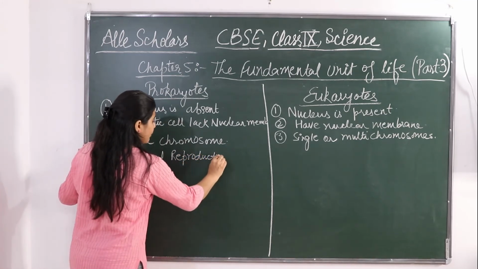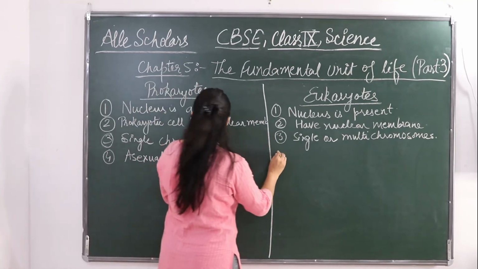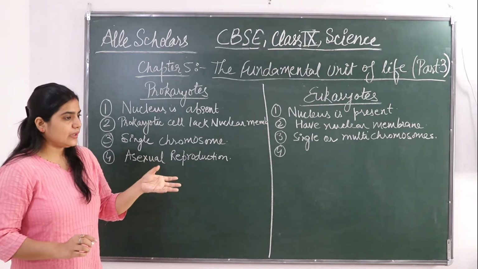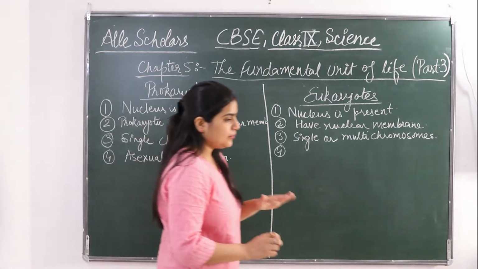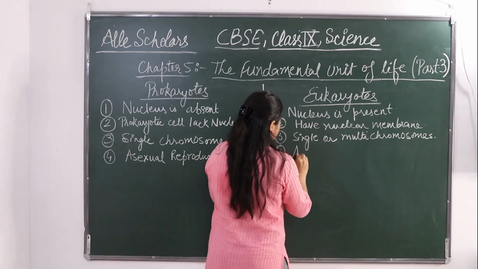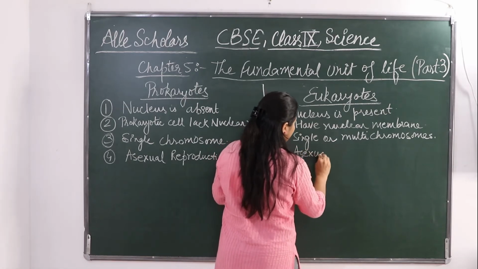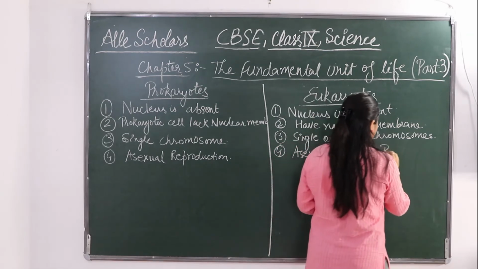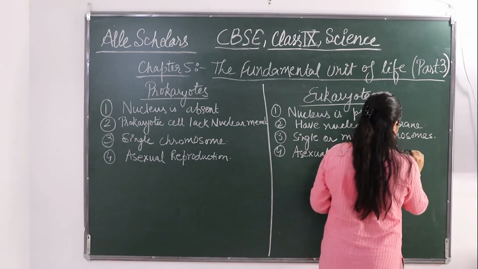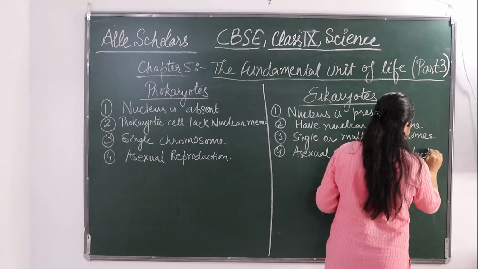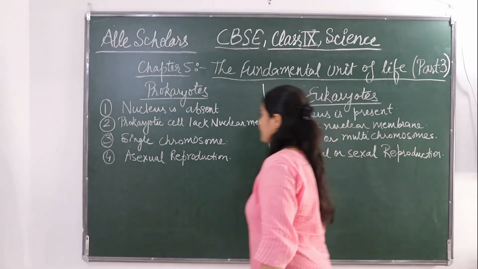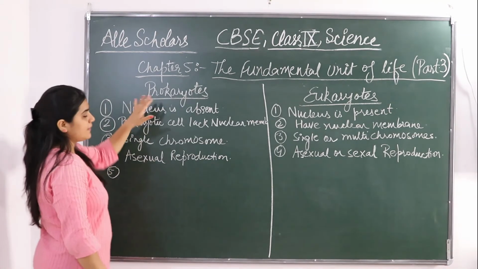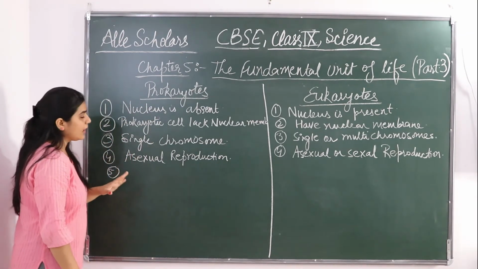Whereas the eukaryotes are the developed cells, so they can undergo asexual as well as sexual reproduction. Mostly they have sexual reproduction. So these are very primitive forms.